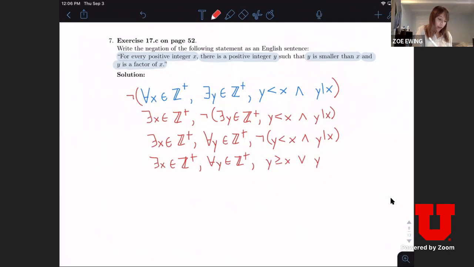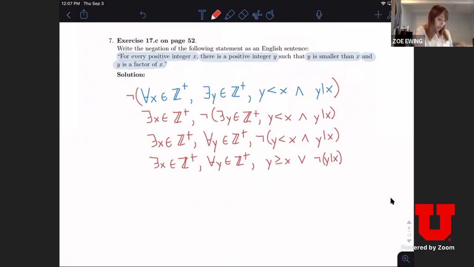So it'd be y is not a factor of x, which I'll just leave as not y divides x, which if we were doing this in a problem that said make sure you get it all the way down, we wouldn't want to leave that. But like I said, there's not really a symbol that says y is not a factor of x. So since we're translating this to English, it's okay to leave it like that. But yeah, you negate both parts of either side of the section and then flip the symbol.